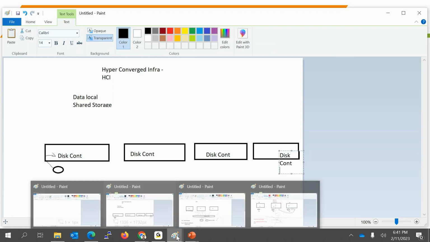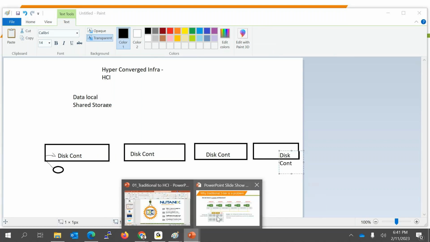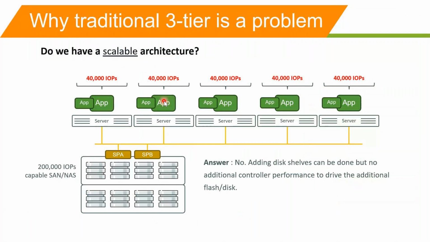But if you compare this, here you have a server, you might have a disk controller here, but your disks are not locally connected. Your disks are connected to the controller. To access your disk, you use your network, maybe fiber channel, to reach out to your controller. That connection hits the controller and then goes to the disk shelf.